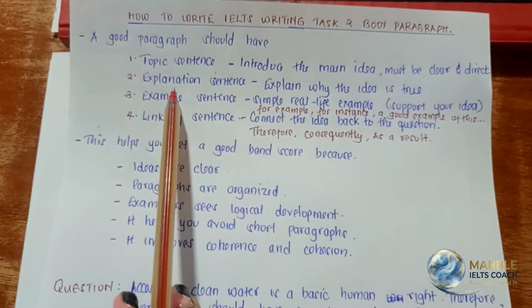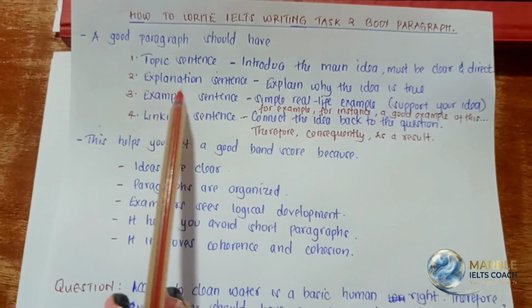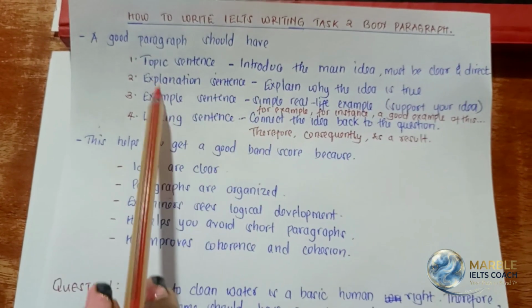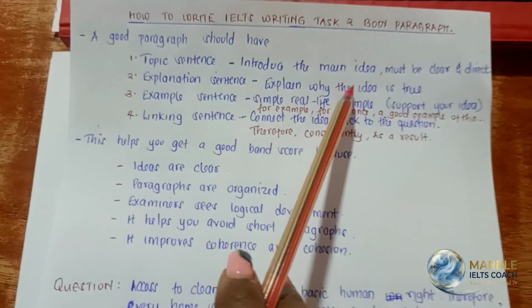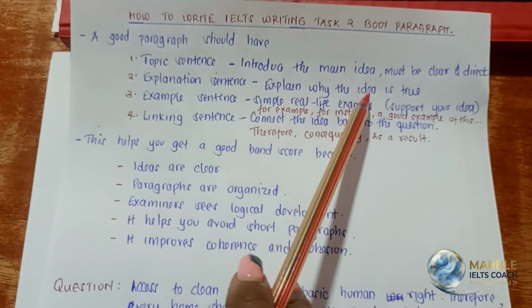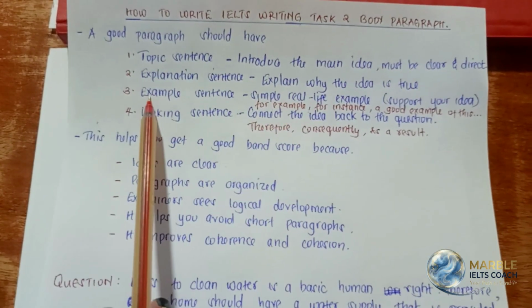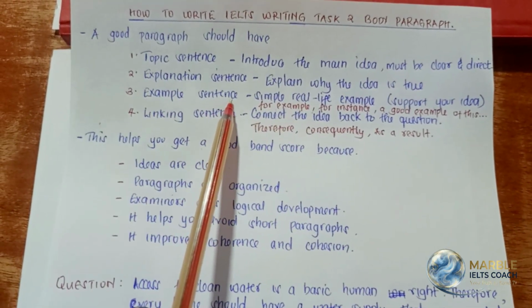Then number 2, it should have an explanation sentence. You'll use this sentence to explain why your idea, the one that you gave in your topic sentence, is true. Number 3, example sentence.